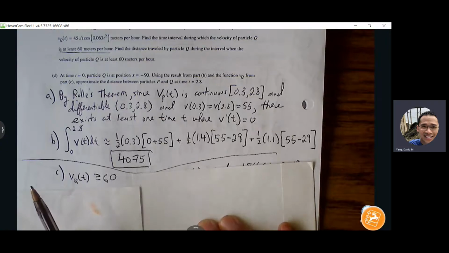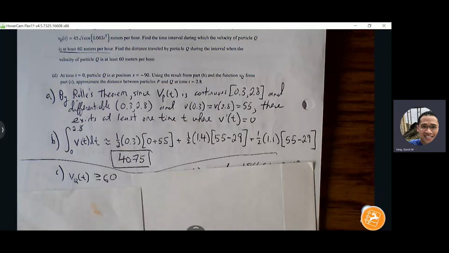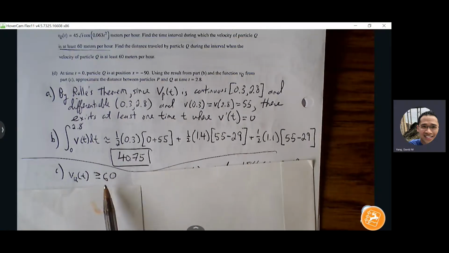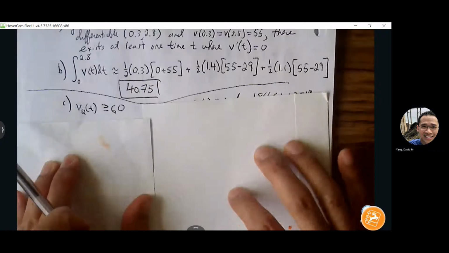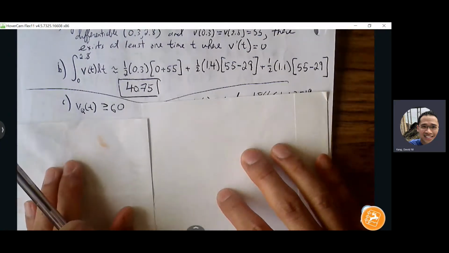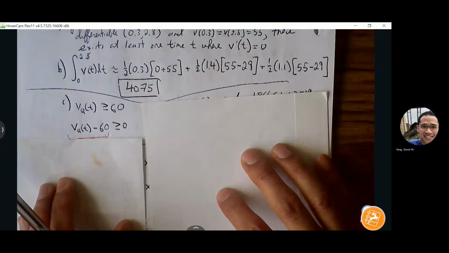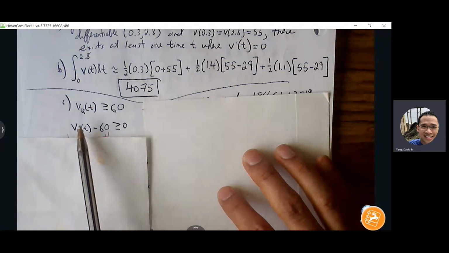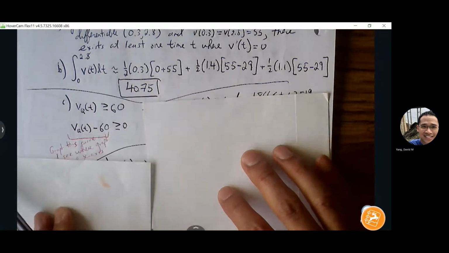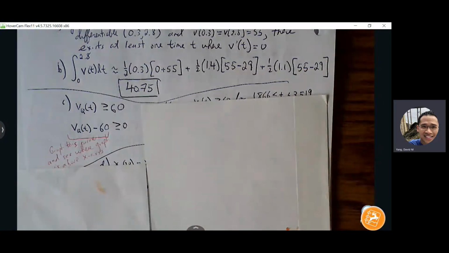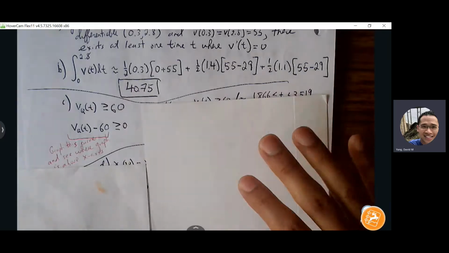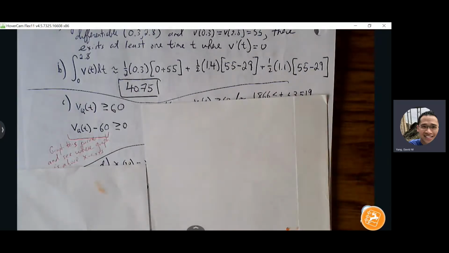Well, I can graph both 60 and velocity and see where they intersect, but it just seems like it's going to have to do a lot of adjustment with our window to get it to show that 60. So would it be easier then to subtract that 60 and just look to see when is this curve going to be above the x-axis? And then we can figure out where that time interval is, and then we can go from there. Okay, so we'll do v of t minus 60.